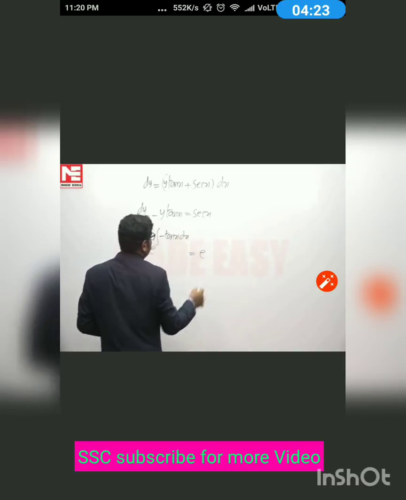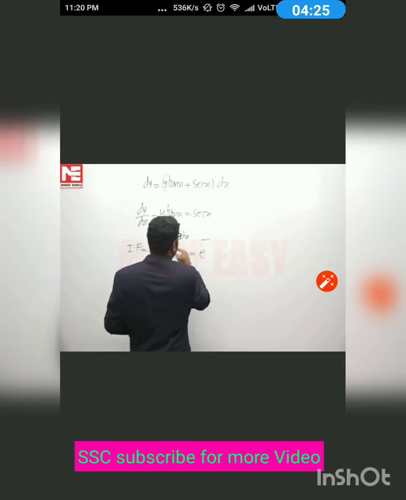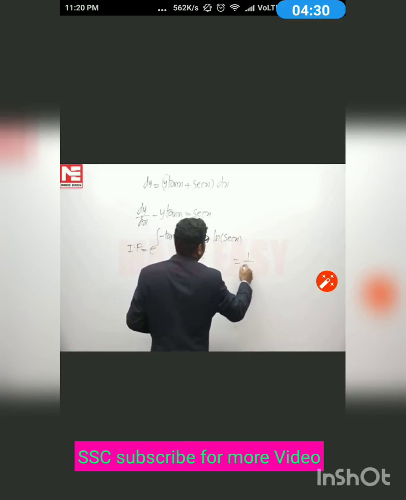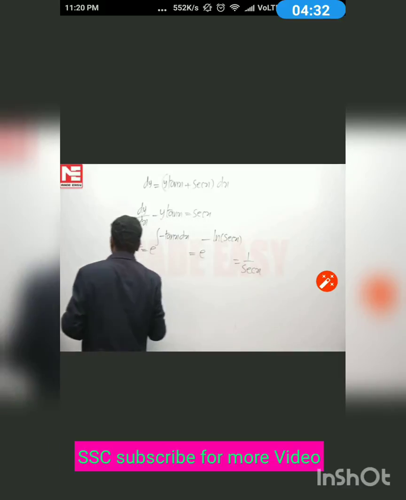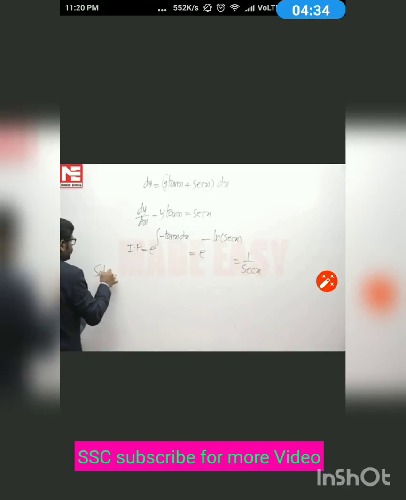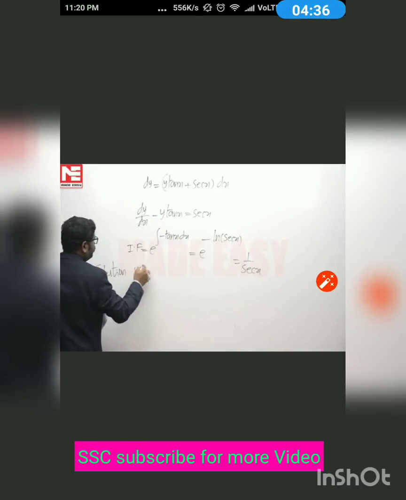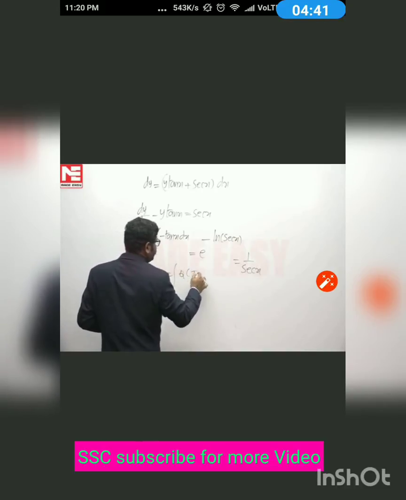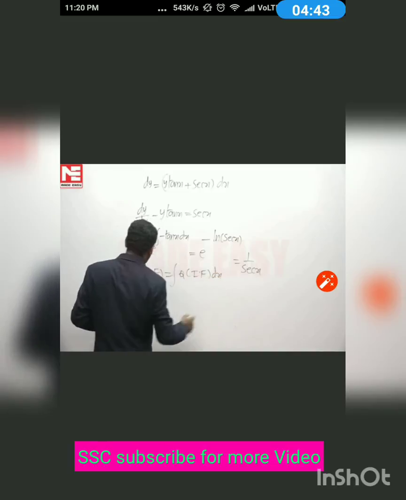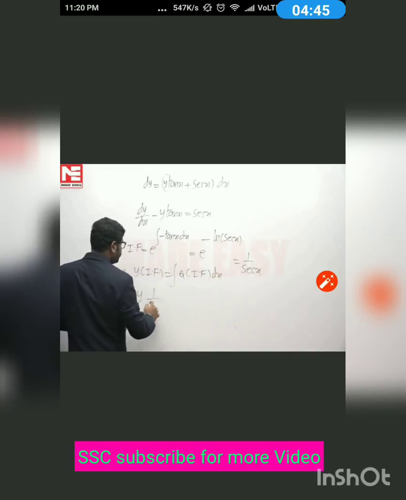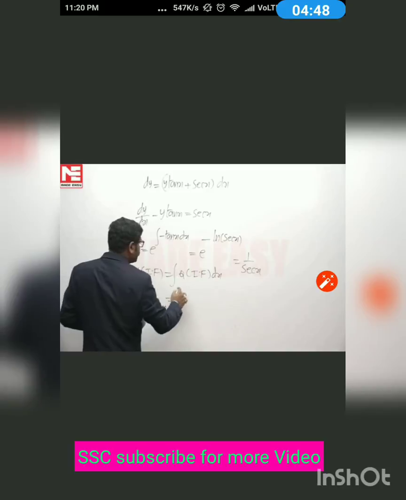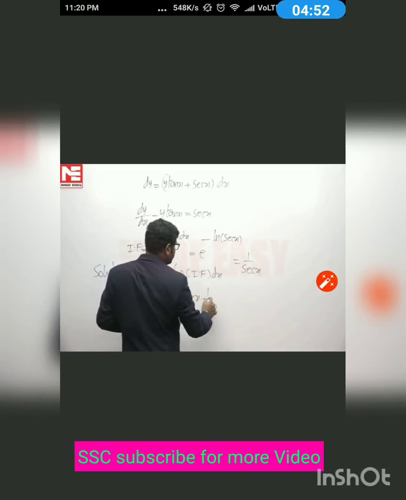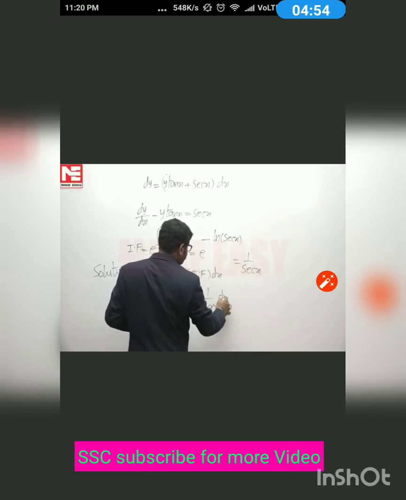Now e to the power minus integral tan x is log secant x, that is nothing but 1 by secant x. Now the solution is y into IF equals integral Q into IF into dx. So y into 1 by secant x equals integral of secant x into 1 by secant x dx.